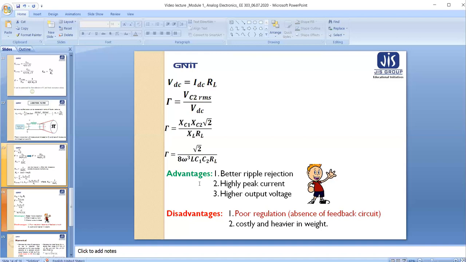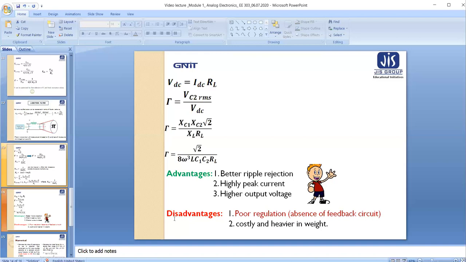Now we will go to the advantages of the circuit. First one is better ripple rejection, as we have already discussed. Highly peak current, because as the ripples are filtered out, we will get the maximum current and higher output voltage.